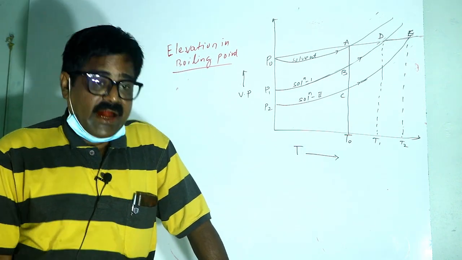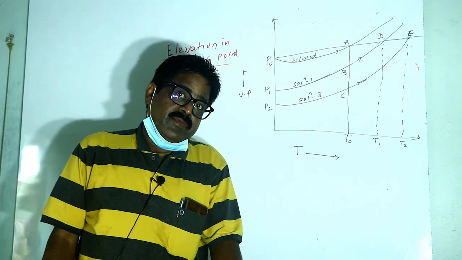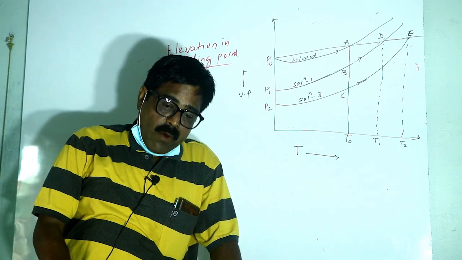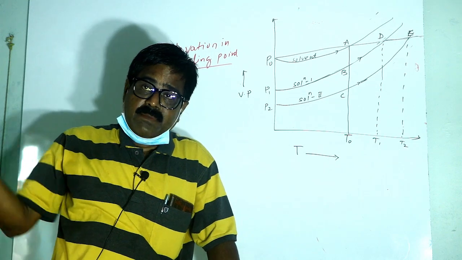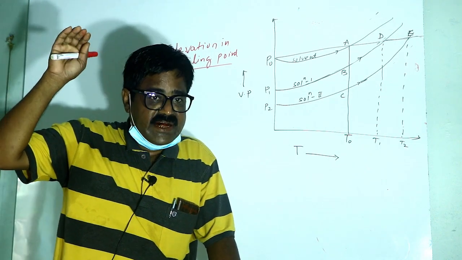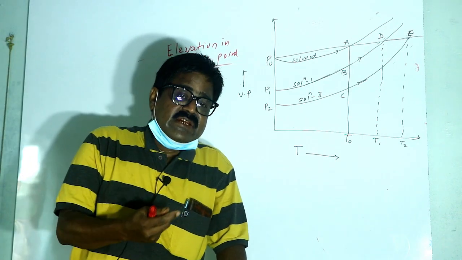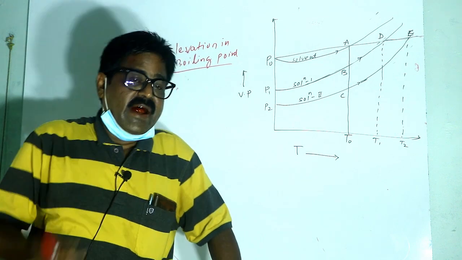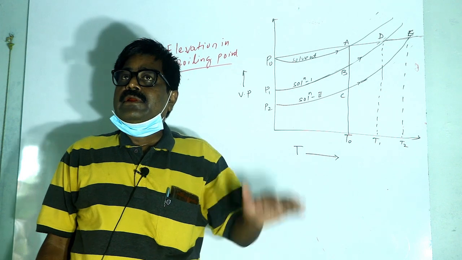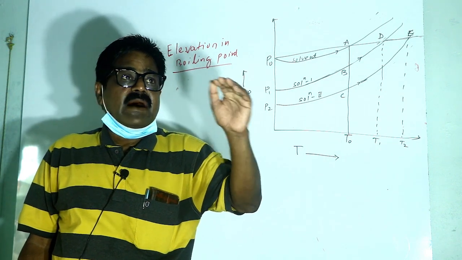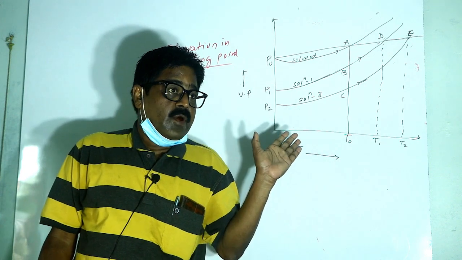If you take that water to the top of the mountain, what will happen? The vapor pressure of the water is relatively higher, because the atmospheric pressure is less. Atmospheric pressure at the top of the mountain is less, so we need less heat, or a lower temperature, to boil that water there. So atmospheric pressure plays a vital role in deciding the boiling point of water.